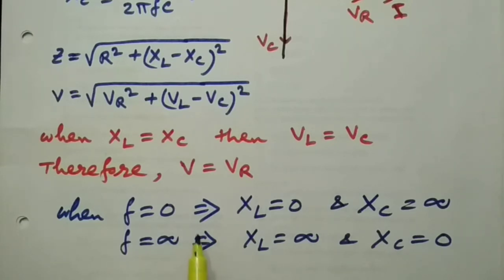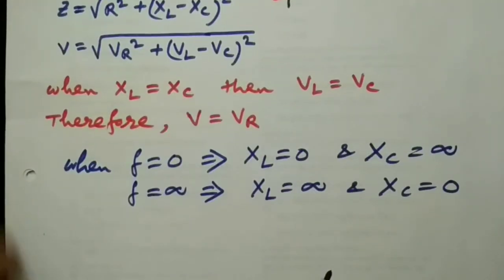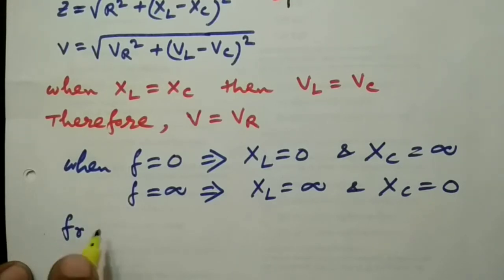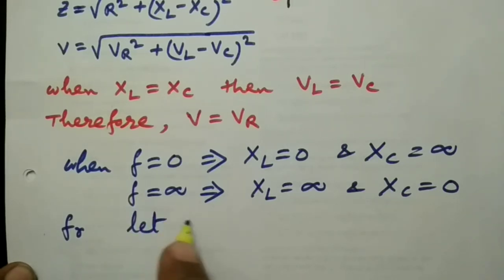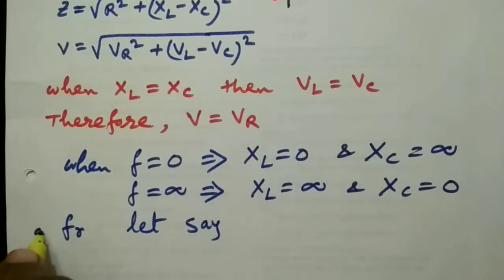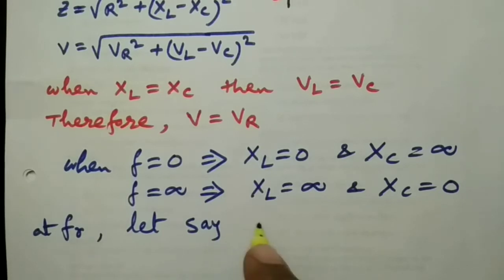So as the frequency is gradually increasing, the value of XL will be gradually increasing, but the value of XC will be gradually decreasing. So there may be a particular frequency, let's say FR, at which XL will be equal to XC.